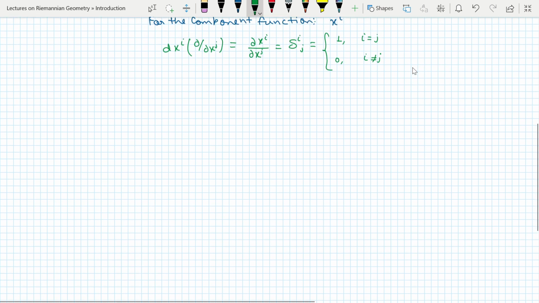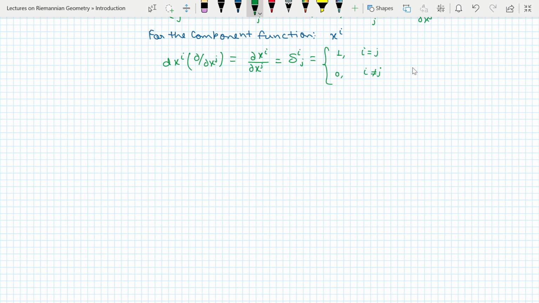Now, again, let's find it out. dxi, if you have any vector v, then that vector v can be written as, okay, you can write it in this manner. Again, doing the same thing, you get vj and then dxi, this will operate on del over del xj.